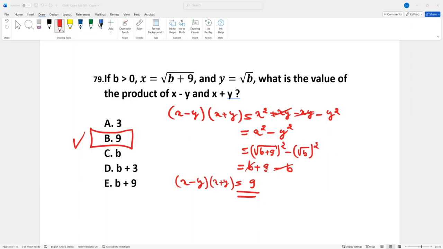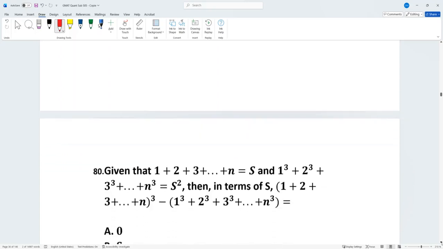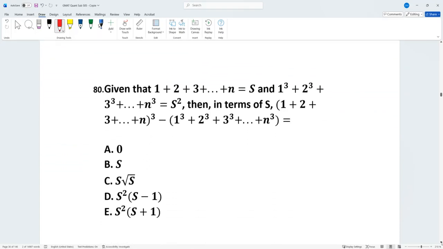And then let's take the last for this video, question number 80. Says, given that 1 plus 2 plus 3 plus that plus n is equal to s, and we have 1 to the power 3 plus 2 to the power 3 plus 3 to the power 3 plus that plus n to the power 3 is equal to s to the power 2.